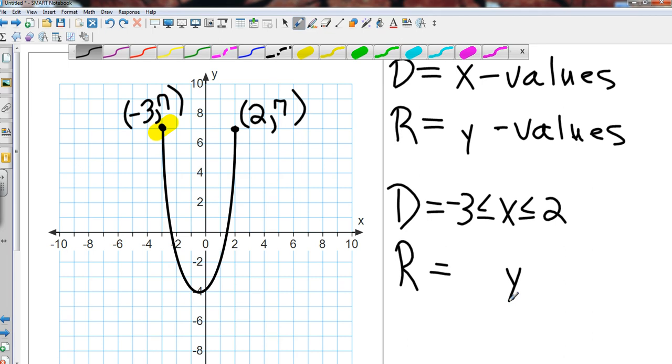It's greater than or equal to what? Negative 4. And it's less than or equal to what? 7. So if you have a curve, where you don't have specific points, you're going to have to use inequalities. And I believe that's the last 2 questions on the work today. Questions number 15 and 16.